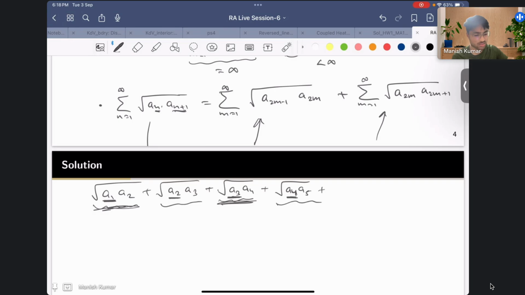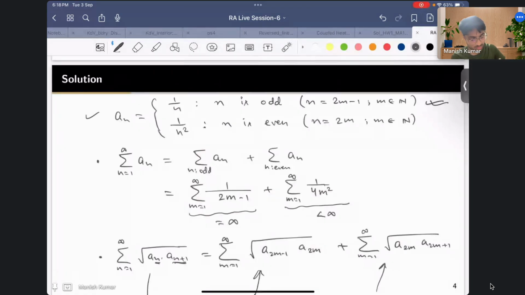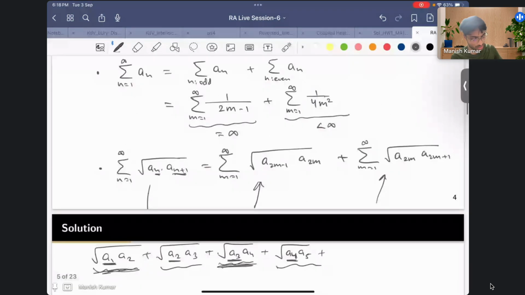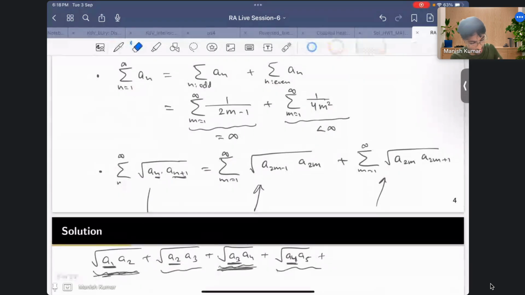This is just another way of writing it, and why I am writing this is just to put the value of the ans, because the ans are given in this form. So I have to first write these terms in terms of odd and even subscripts. That's the simple reason to write it this way.